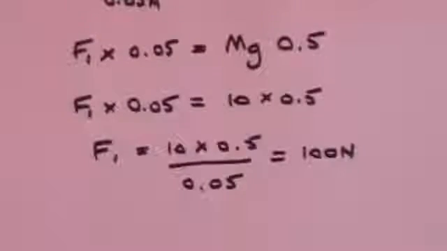Now I want to consider tipping. Let's look head on to a bus. Here is a bus, a double-decker bus, coming towards us, tyres, there's the driver, and you're looking at the bus head on, and obviously it's on a level road.